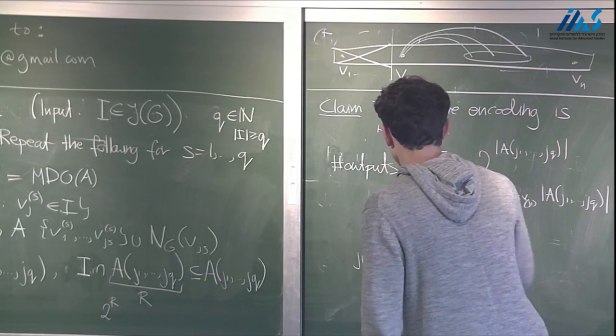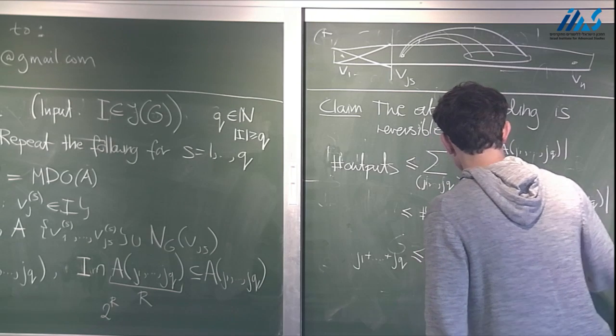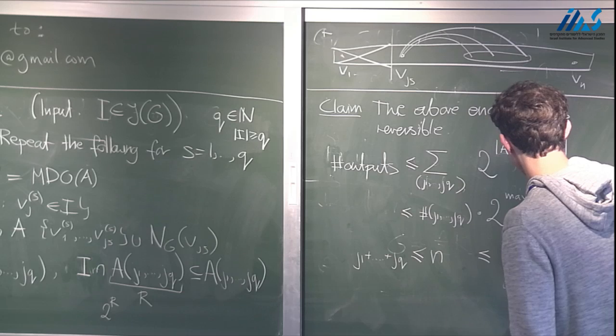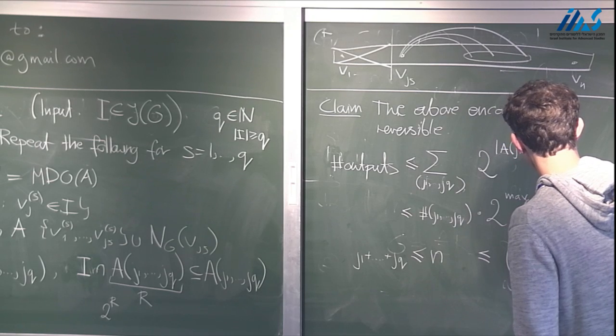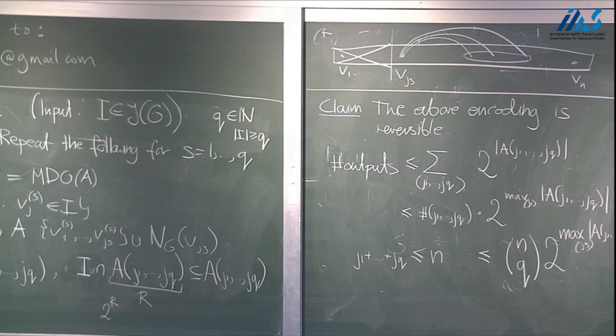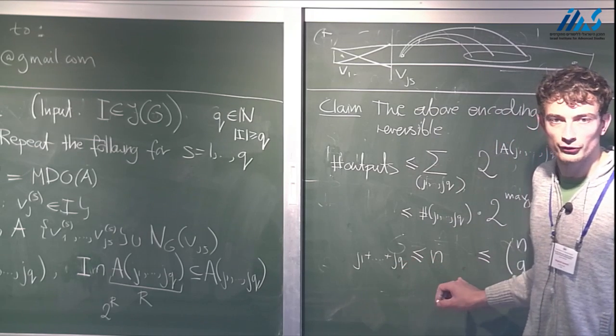So the number of such sequences is at most n choose Q times 2 to this maximum. I mean, all of them are at least 1, so it is n choose Q, not n plus Q choose Q.